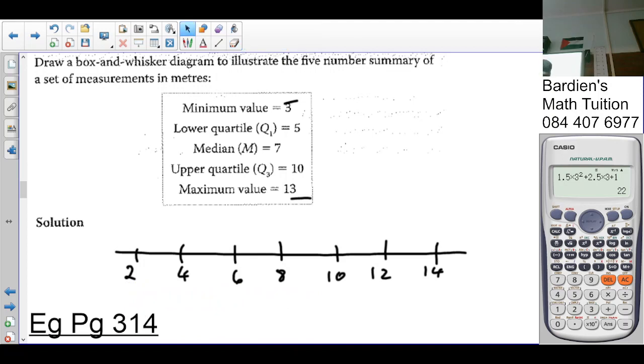Then, for your minimum value, your smallest value, you know it's represented with a dot. So plot a dot by 3 on your scale.